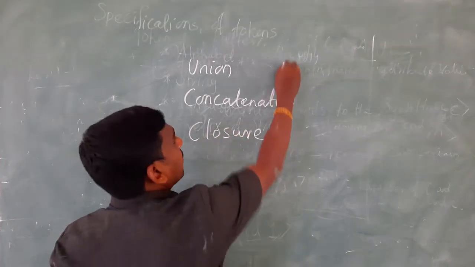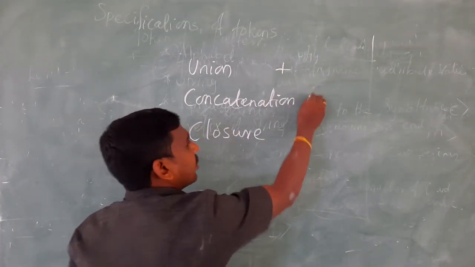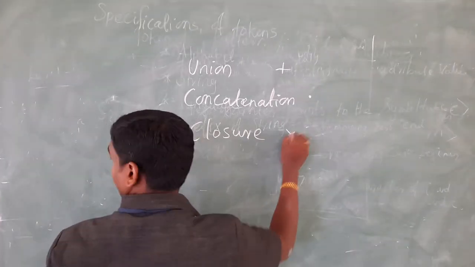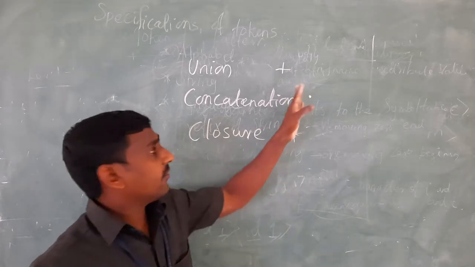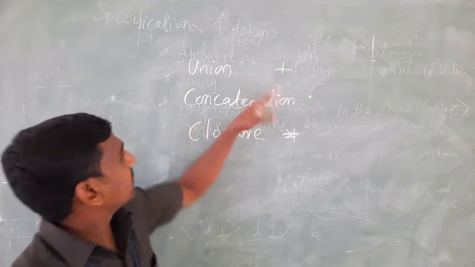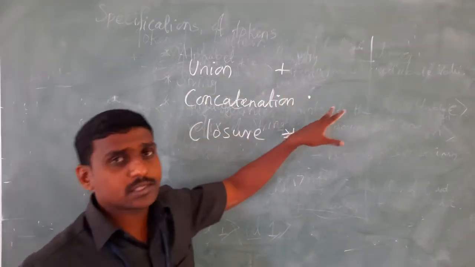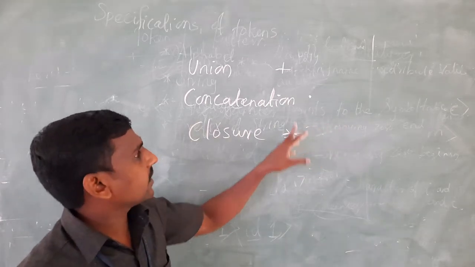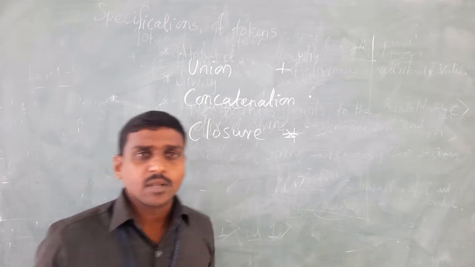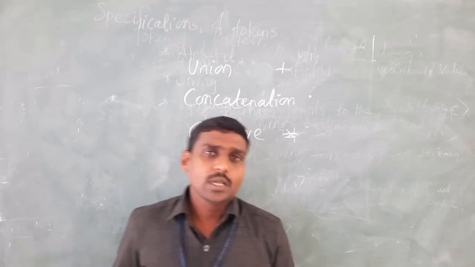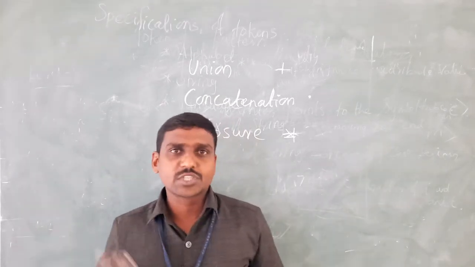Union is denoted as plus, concatenation is denoted as dot, and closure is denoted as star. We also have a precedence of regular expression operators. Star has the highest precedence, the second highest precedence is dot, and the lowest precedence is plus. That I already taught you last semester in theory of computing.